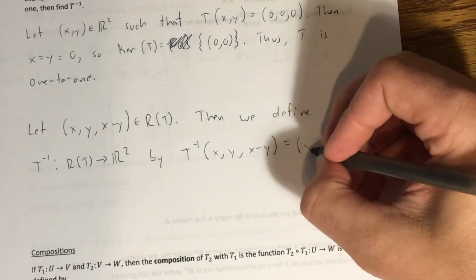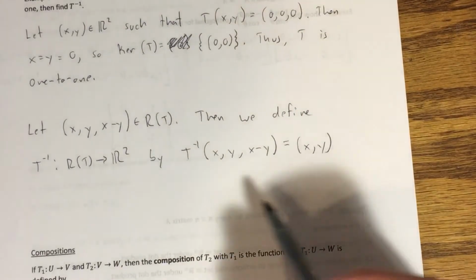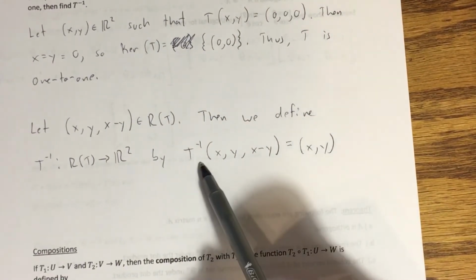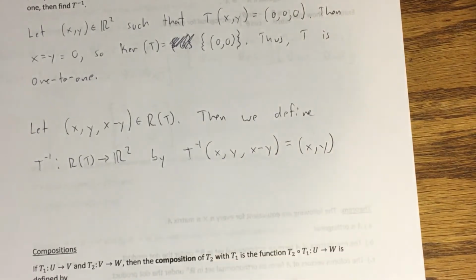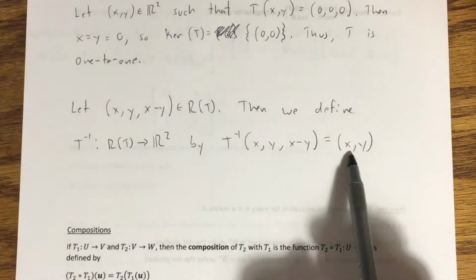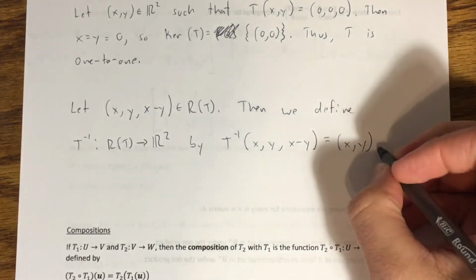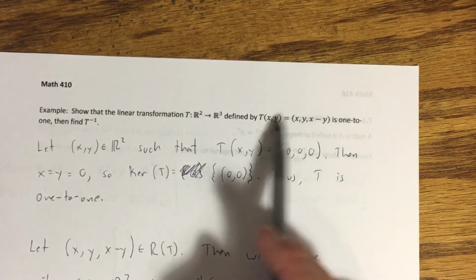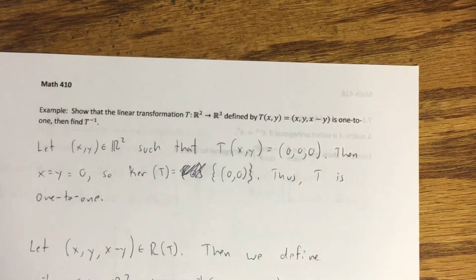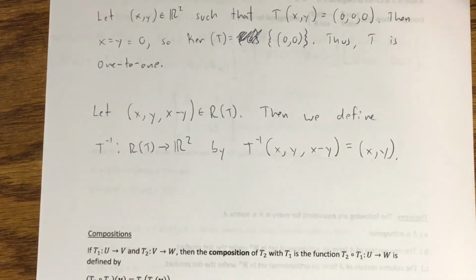Well, it should send it to (x, y) because again, if I reverse the order, if I took T of (x, y), I want it to get me to this vector in R3, which we know that it will, just from the definition, okay? So it's fairly straightforward. It's using the original definition and just kind of putting the transformation on the other side, if you want to think of it that way.